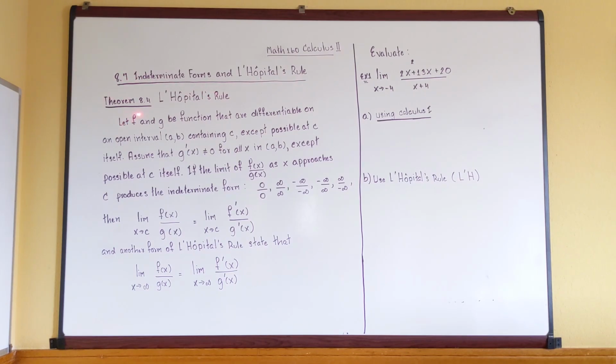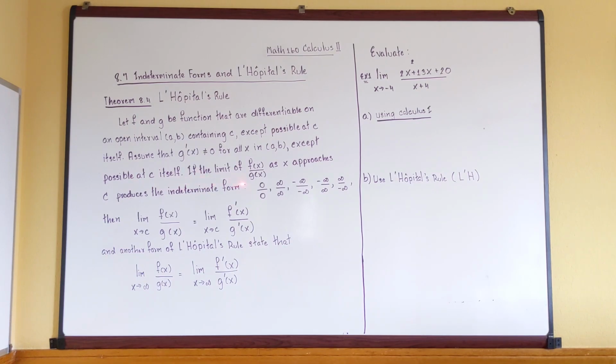This is theorem 8.4. Let f and g be functions that are differentiable on an open interval (a, b) containing c, except possibly at c itself. Assume that g prime of x is not equal to 0 for all x in (a, b) except possibly at c itself.